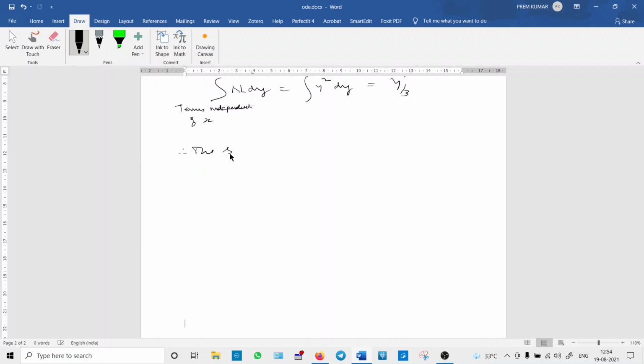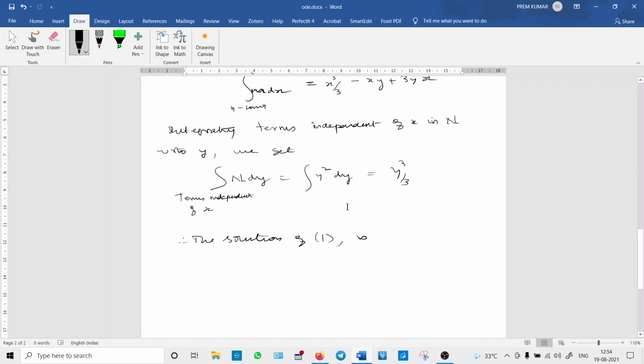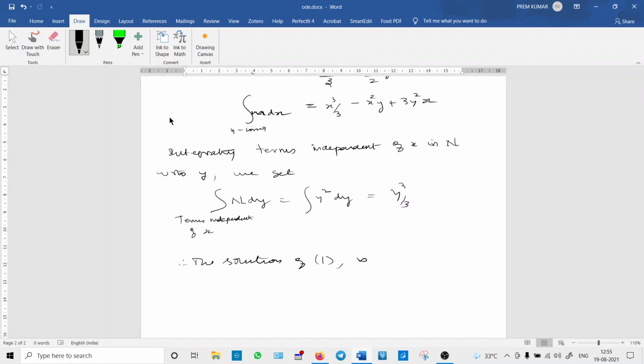Therefore, the solution of the given exact differential equation is: the first step answer and the second step answer added. x cube by 3 minus x square y. If terms are repeating, you write them only once. That is important. Don't add both and write two terms; if there are common terms in both these results, take only one of them.